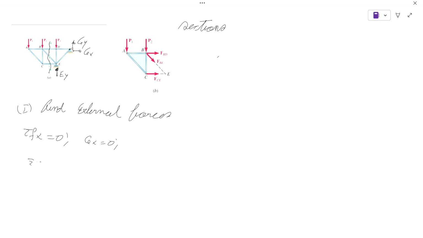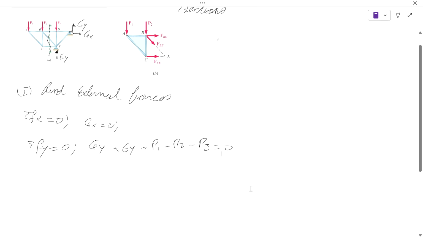All right, summation of forces in y equals 0. We have Gy plus Ey minus P1 minus P2 minus P3 equals 0. And we have summation of moment, let's say at G, so we cancel that force right there, equal to 0.